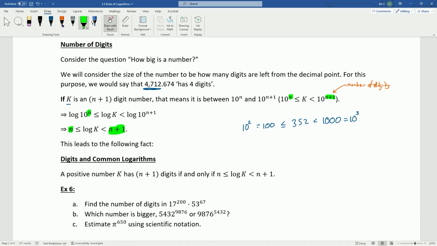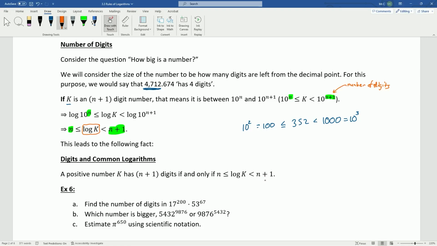So all this says is, if you take log of k, the next biggest integer is the number of digits. So in other words, a positive number k has n plus 1 digits if and only if log of k is greater than or equal to n and less than n plus 1.